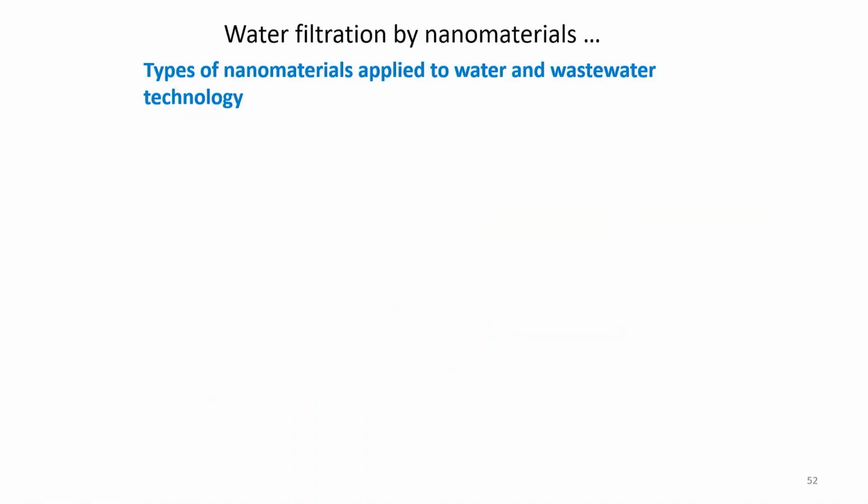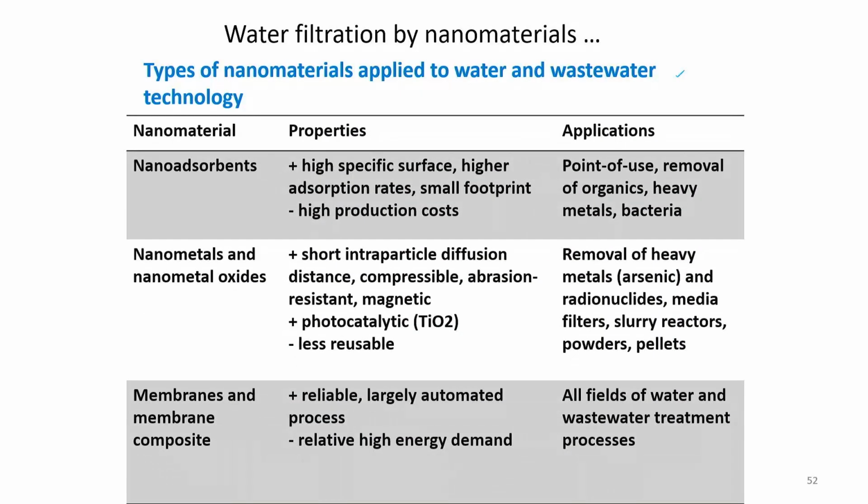So, these are the different types of nanomaterials which are widely used in wastewater treatment or water purification. First is the nano adsorbent, we will discuss it in detail.